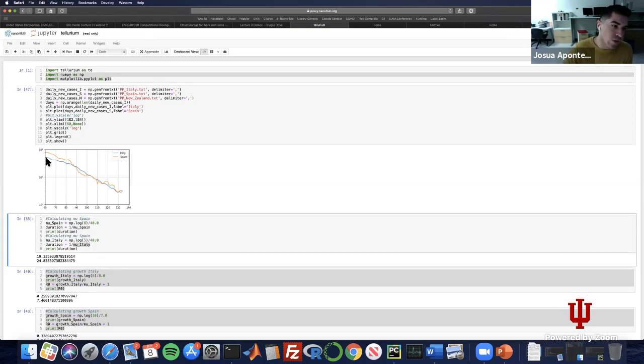We looked at the beginning of the curve here, and then we looked at what happened after 40 days, and we see that it goes down by a factor of, in this case, around 8. Because let's say this is 0, 1, 2, 3, 4, 5, 6, 7, 8. It's an approximation. It goes down by a factor of 8 over 40 days. And this is how we determined what mu was for Spain and Italy. So as James said, we need to know mu to be able to estimate R0.